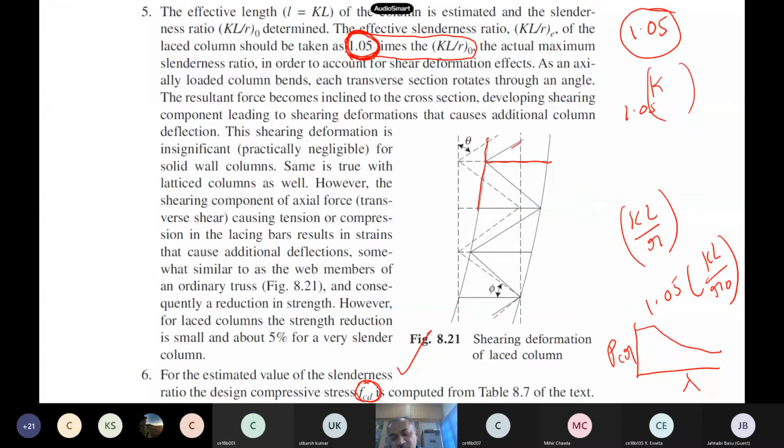Increasing slenderness ratio means you are decreasing the load carrying capacity. So why this extra 5%? This is to account for shear deformation. Excellent. So this is the extra thing which you have to do.